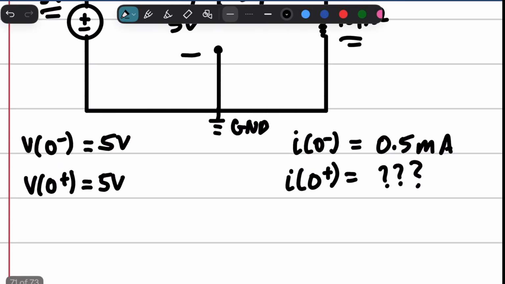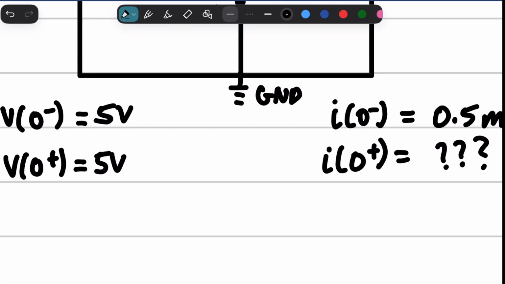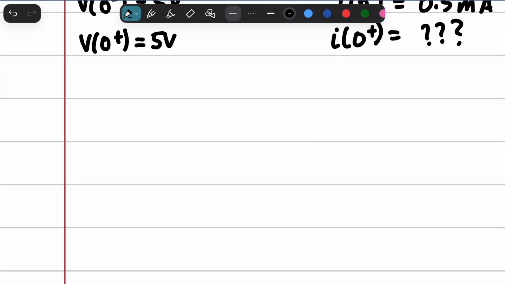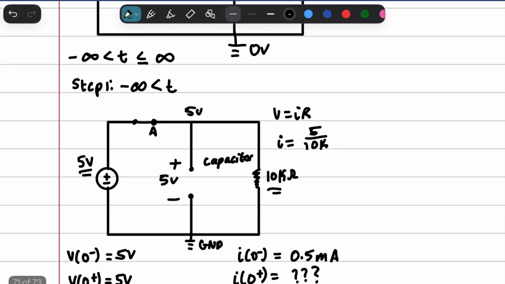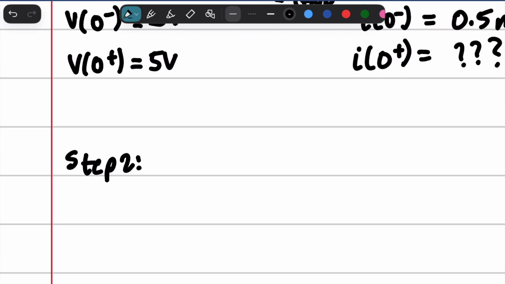I have a tendency to solve for both the 0 minus values for the voltage and the current. We may not use all of them, but I like solving for them just in case I do need them.